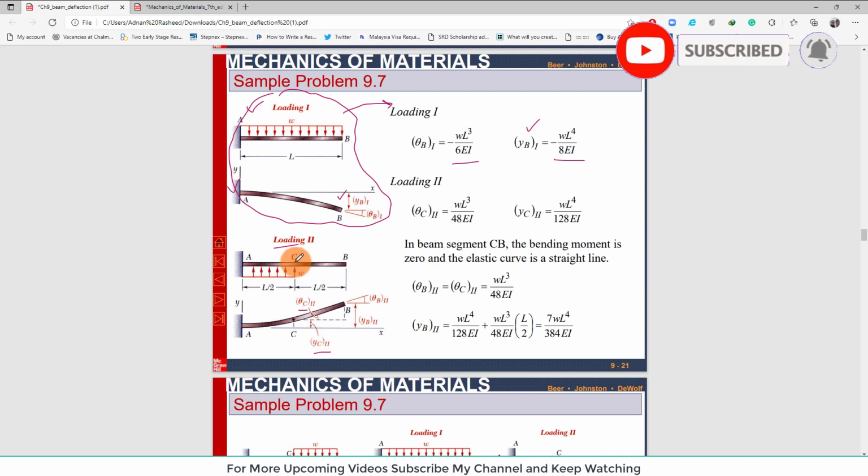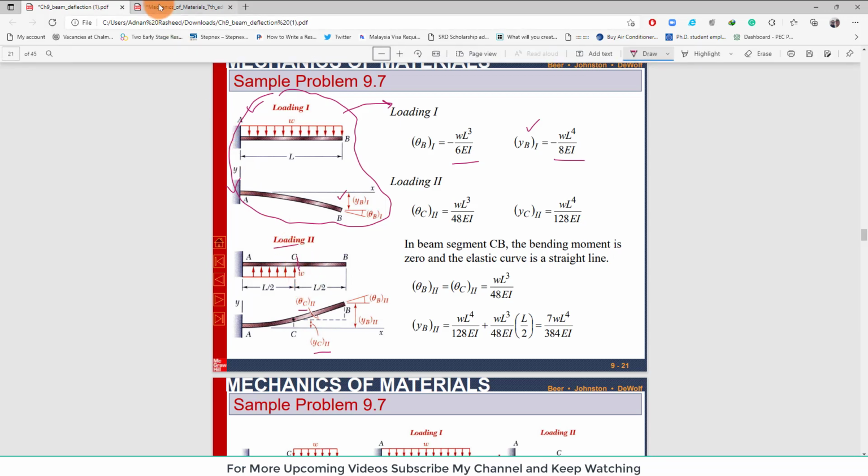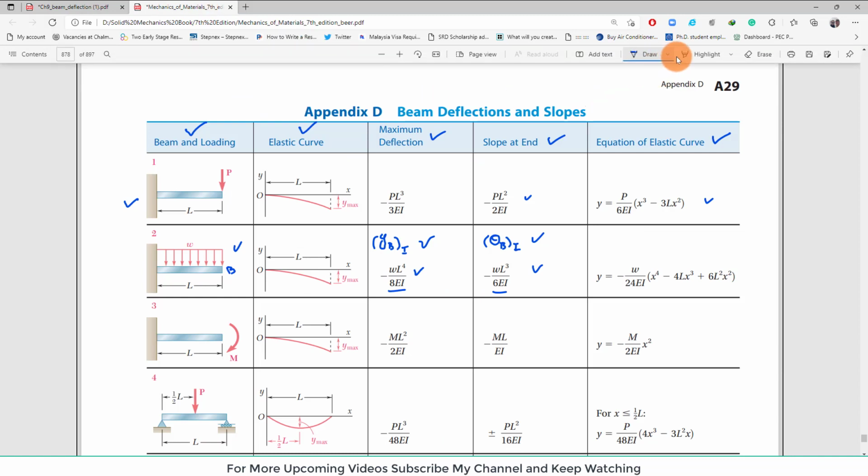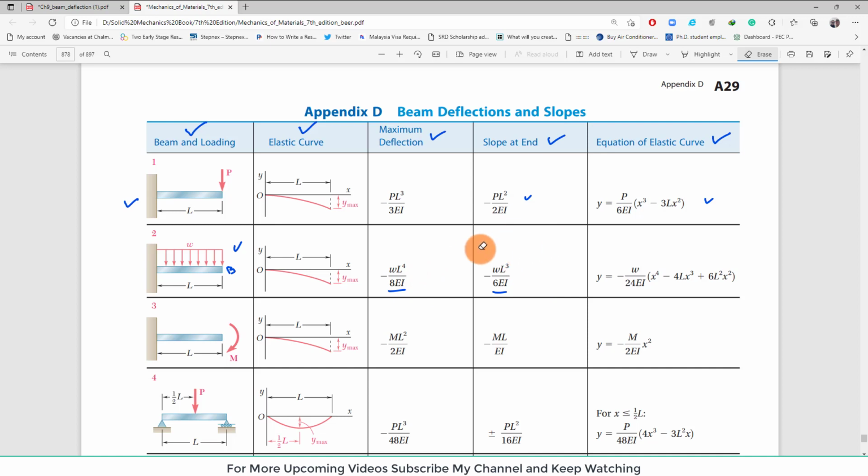So for loading 2 there is something tricky, not tricky, but you can easily tackle it. So instead of the whole beam, you can consider the loading till here, clear. Let's move toward these equations again.